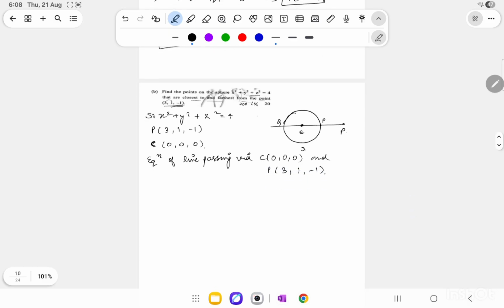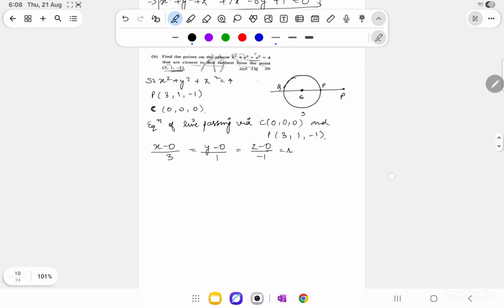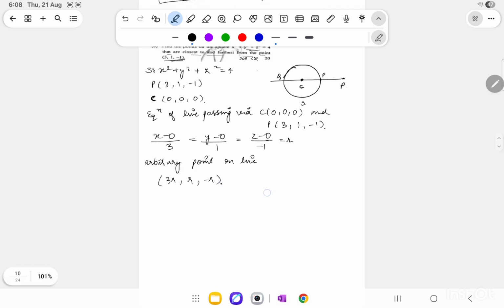So the equation of my line would be (x minus 0) upon 3 equals (y minus 0) upon 1 equals (z minus 0) upon -1. If I equate it to r, then I can easily find an arbitrary point on the line, which will be basically 3r, r, minus r.